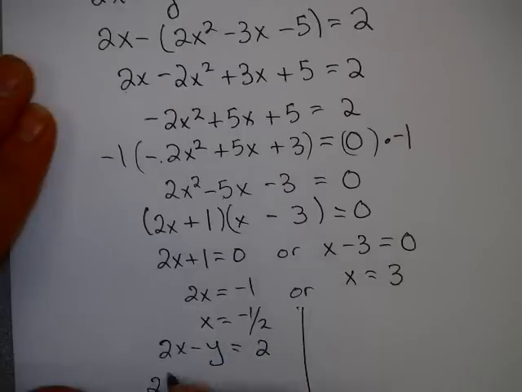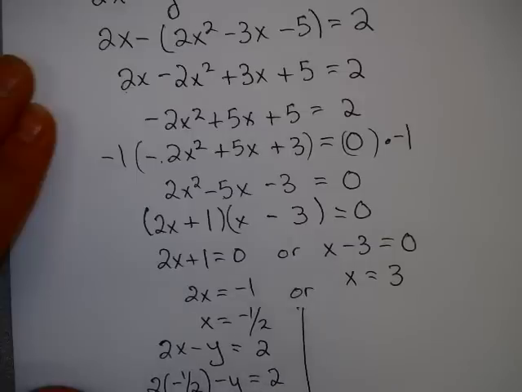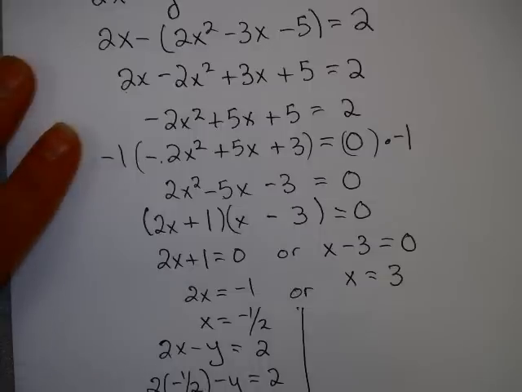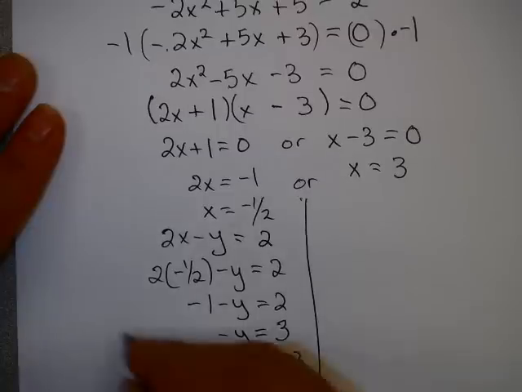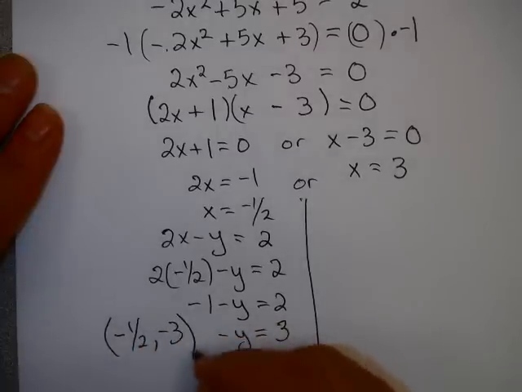If I plug in the value -1/2 for x, that's going to give you -1 minus y equals 2. So minus y equals 3, or y equals -3. So one possible solution is -1/2, -3.